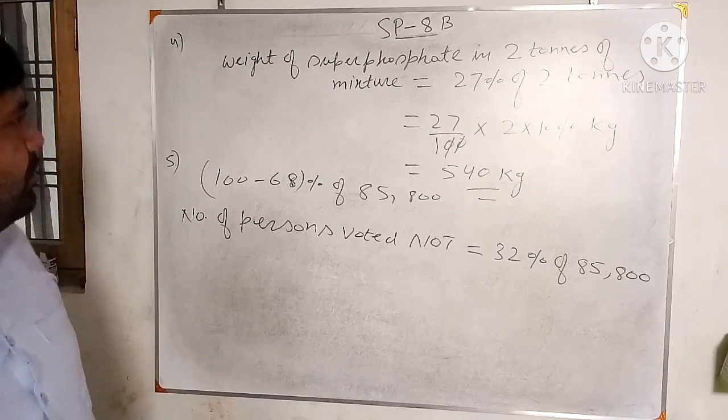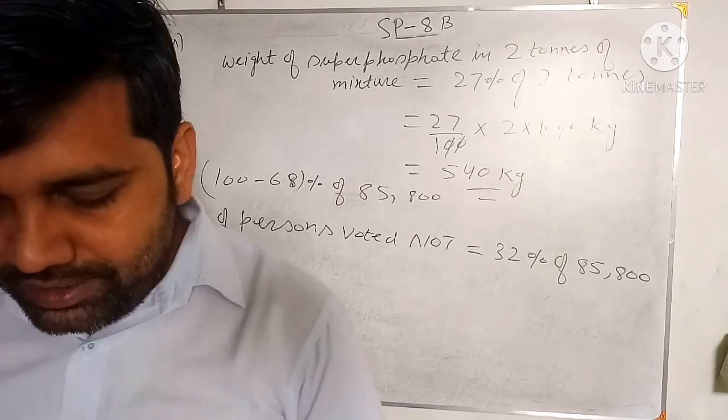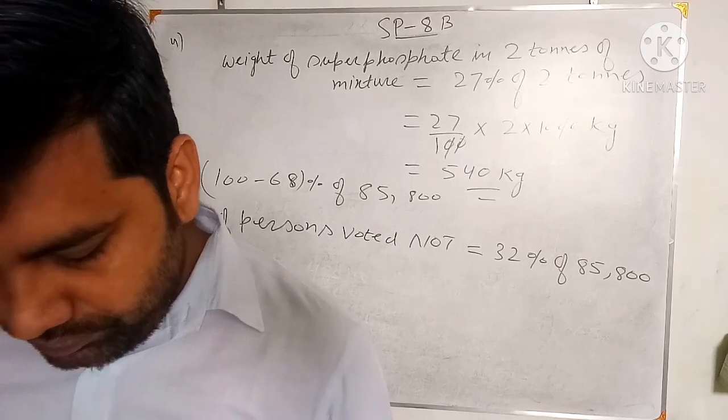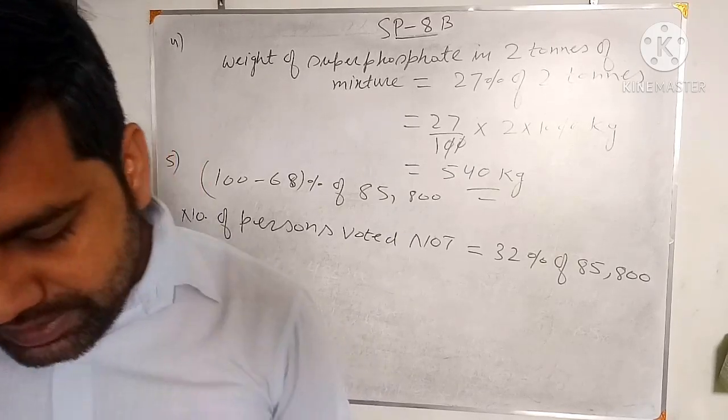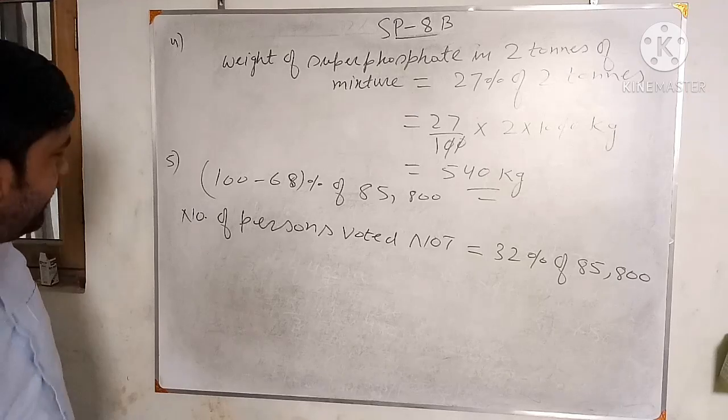Now we do the new exercise, self practice 8C. See, what percentage is 7 of 70 will be calculated.